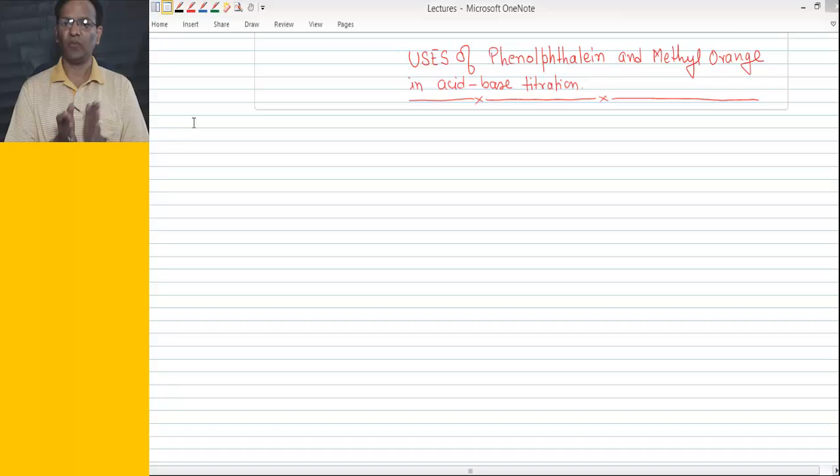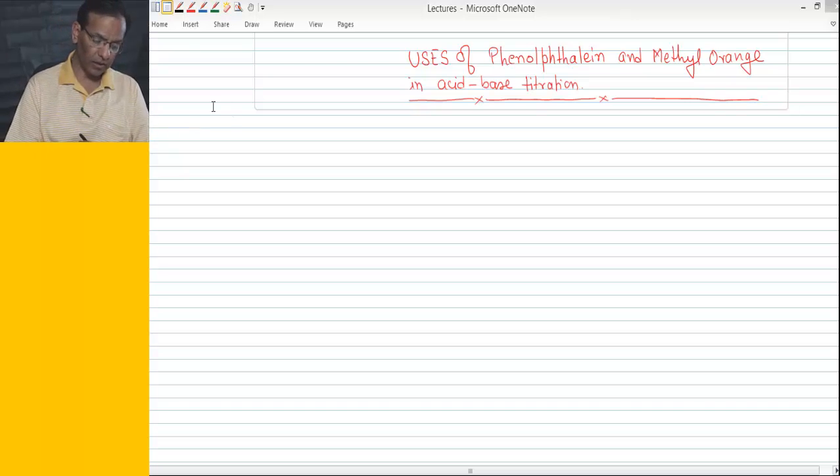That is, before that pH, the indicator has one color, after that pH, the indicator has another color, and at the end point, the indicator changes from one color to another because at the end point there occurs a sudden change in pH of the solution. So that pH must match with the pH range of the indicator that we discussed in ionic equilibrium. Here we will just be concentrating on the role of these two indicators, how these indicators are used in analysis of acids and bases.